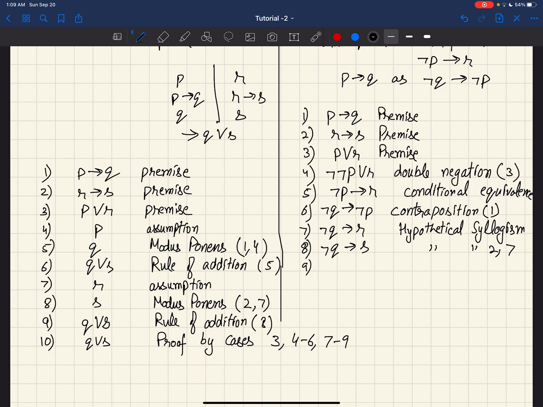So for the ninth step, I can rewrite the conditional equivalence of implication as not of Q or S. So this is conditional equivalence on step 8.